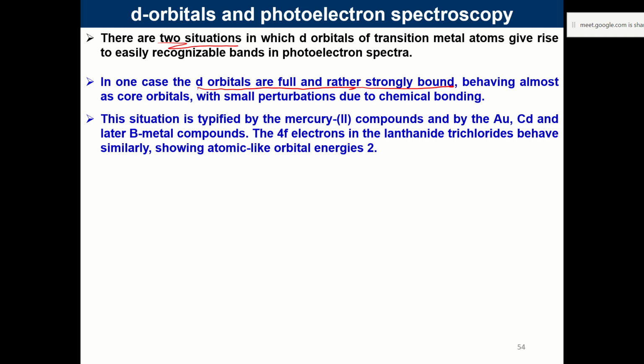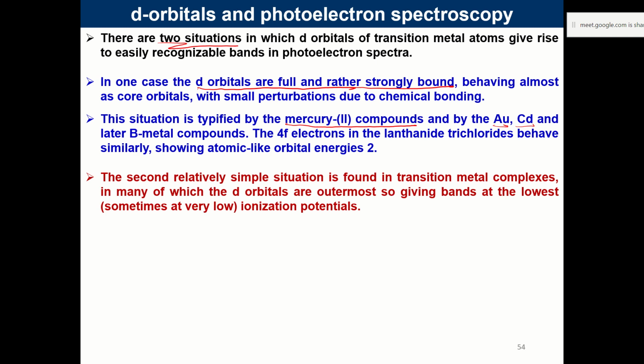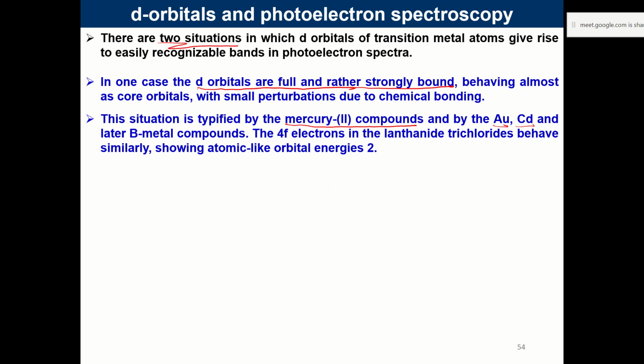So these examples you will find in mercury 2 compounds, gold, cadmium and later transition metal compounds, 4f electrons in lanthanides.